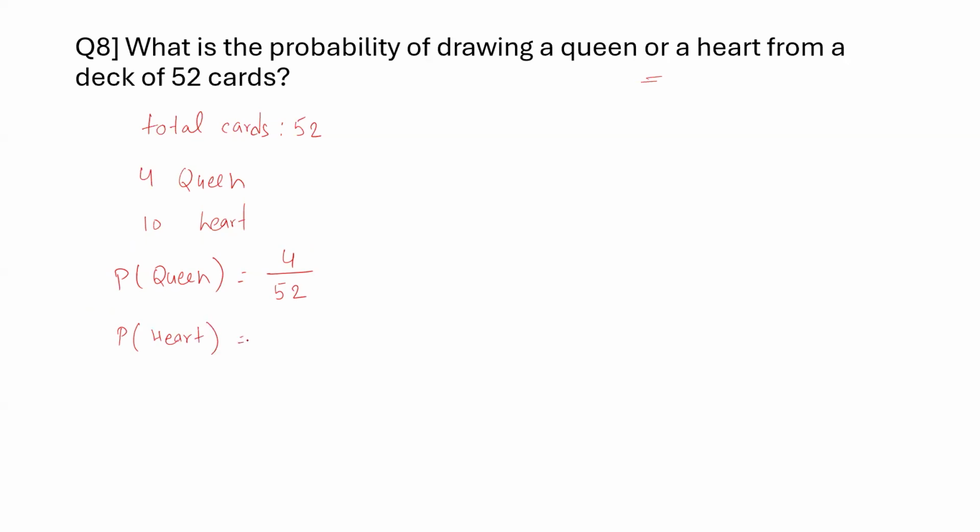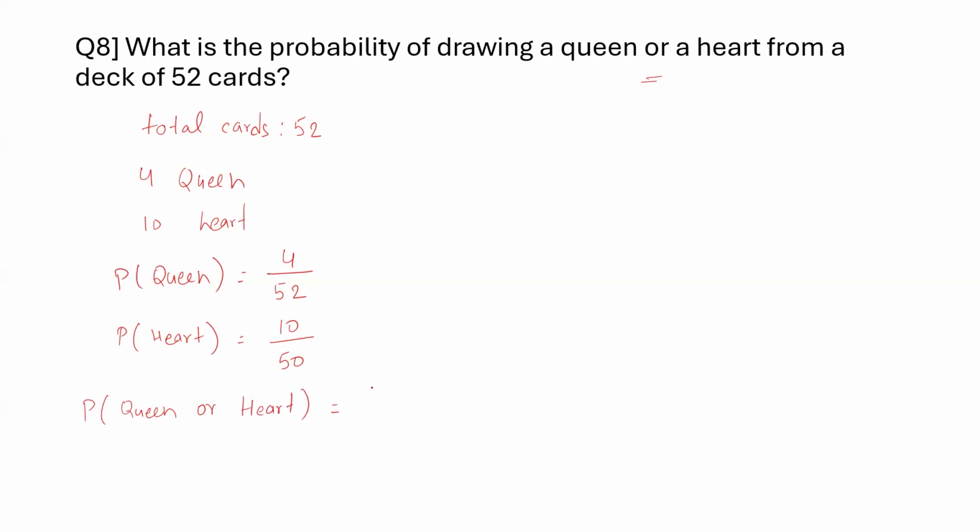So again, you have to compute the probability of picking a heart. How many heart cards are there? 10. How many total cards are there? 52. Now the final probability of picking a queen card or a heart.